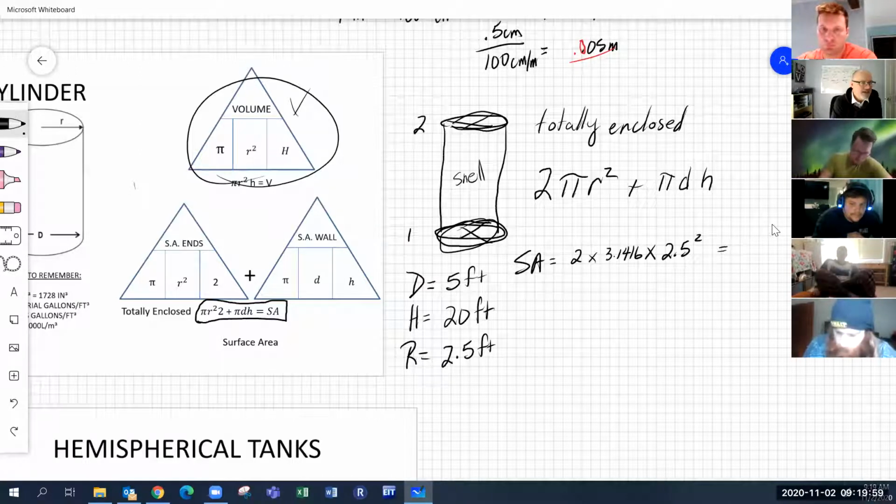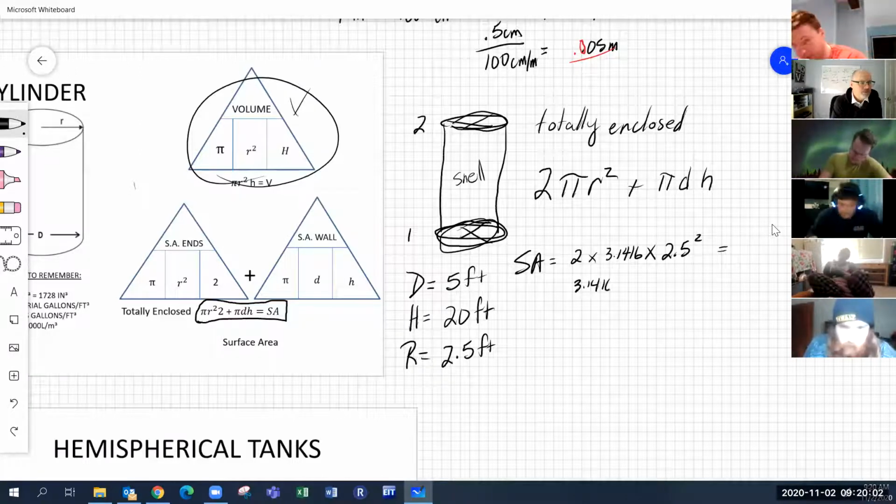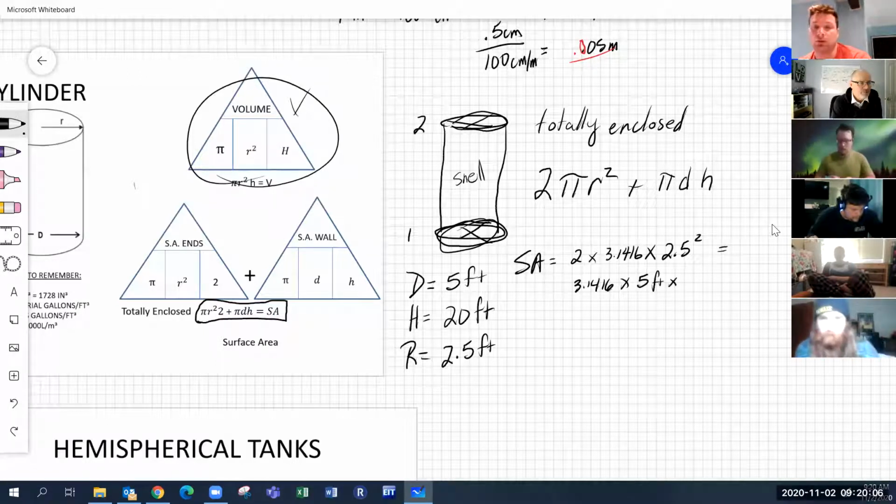And then we add 3.1416 multiplied by the diameter, multiplied by the height. And we add these two together.